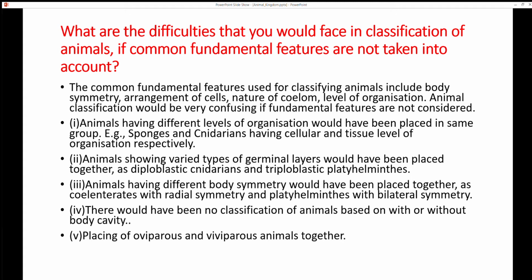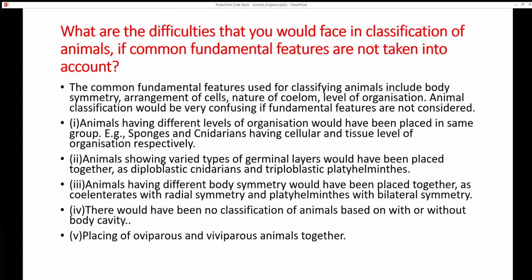So the second point is animals showing varied types of germinal layers would have been placed together, diploblastic cnidarians or triploblastic platyhelminthes. And animals having different body symmetry would have been placed together, as coelenterates are always radial symmetry. There will be 8 pieces or 6 pieces, like that it will come.